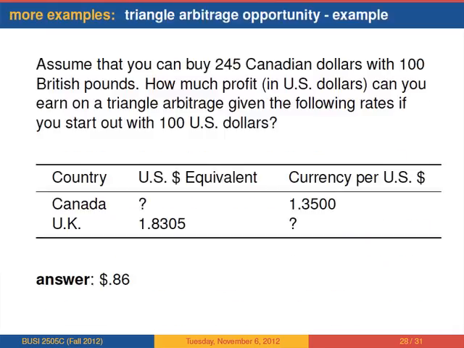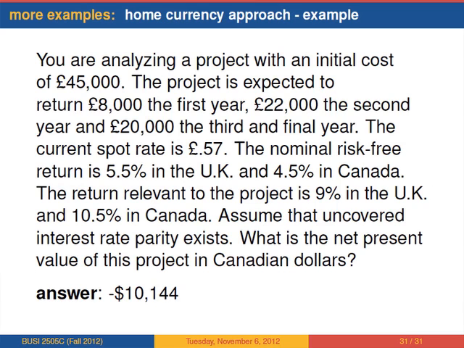I think I have an example of a home currency approach where the cash flow in British pounds is 8,000 the first year, 22,000 the second year, and 20,000 the third year. Well, in that case, you're not using the same number each time, right?